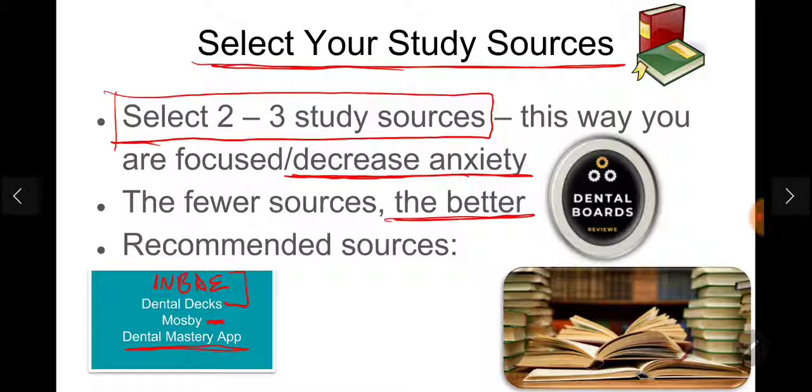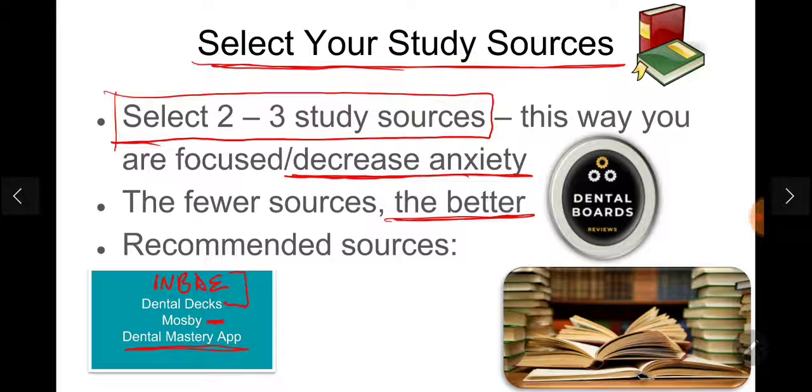Because when you do dental decks every day, dental decks have questions and they have an answer and explanation in the back. Yes, that's good. But Mastery App, whenever you are sitting on your couch watching TV, you can have it on your iPad, your iPhone, or your Android phone, and you can do at least 10 questions in that section that you did on that day.